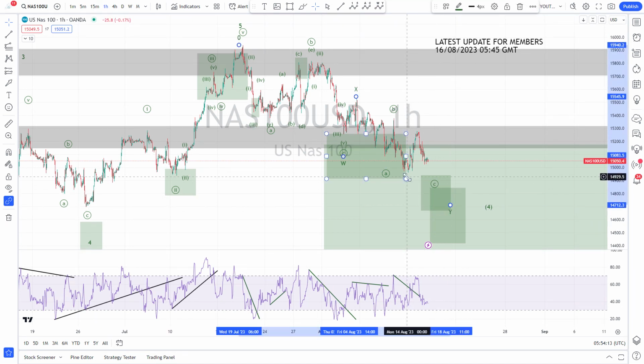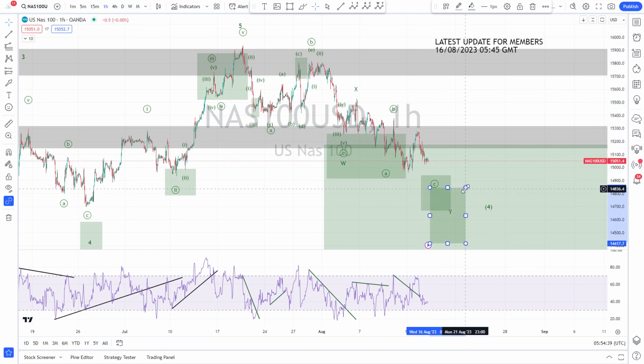But there might be a chance that we are finished here, and then the impulse can actually start. This can be our wave one, probably two, and then three, four, five, and we are taking off like that. That could be a possibility. But I wait for these areas to go long.